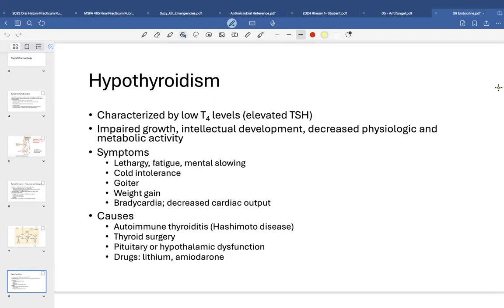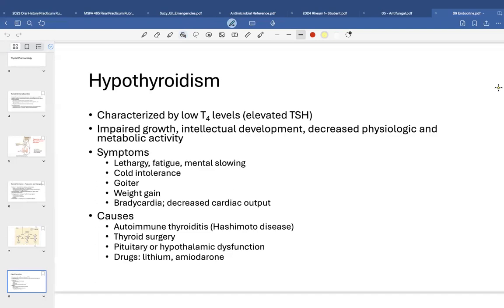And I think you've covered this, you kind of know what the picture is clinically of hypothyroidism. Think of it as just kind of a depressed overall metabolism, impaired growth, intellectual development, especially when you have low fetal thyroid and early thyroid. Also decreased physiologic metabolic activity.